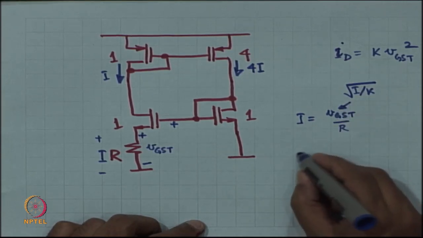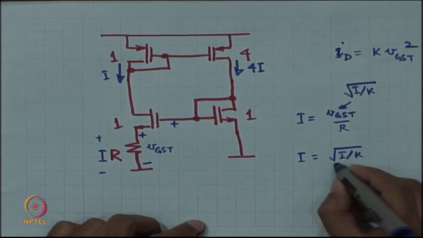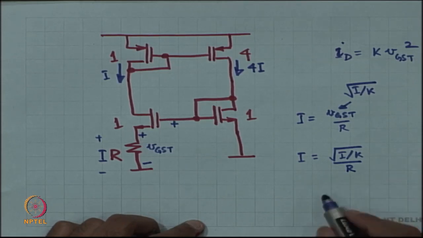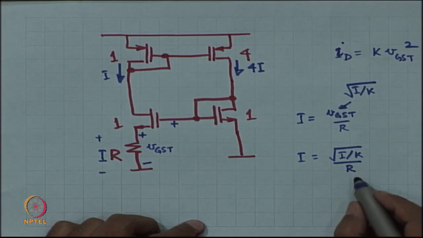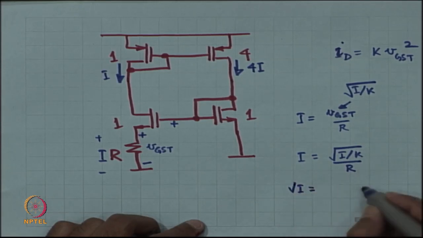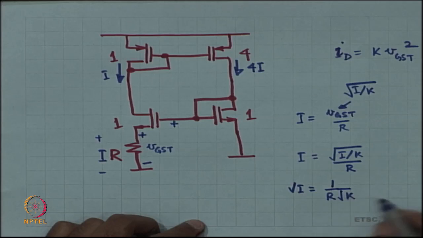Okay. So, square root I cancels out, and what you get is that root I is equal to 1 by R root K, or in other words I is equal to 1 by K R squared.